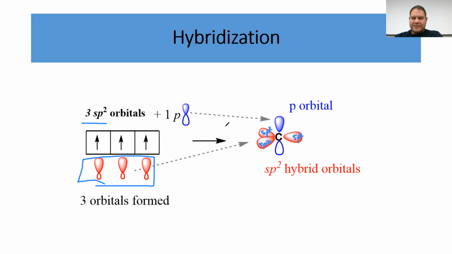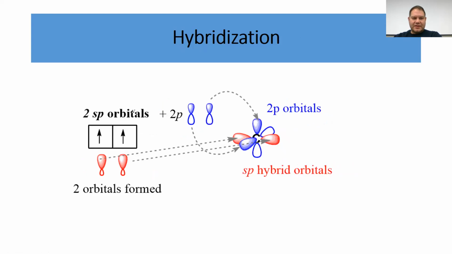Okay, but then we have our 1 p orbital left over. This is our p orbital. Okay, so all of these sp2 hybrid orbitals that you see, these 3, can form sigma bonds only. Okay, they can only form sigma. But this p orbital can be involved in forming 1 pi bond. Okay, just as we've talked about earlier.